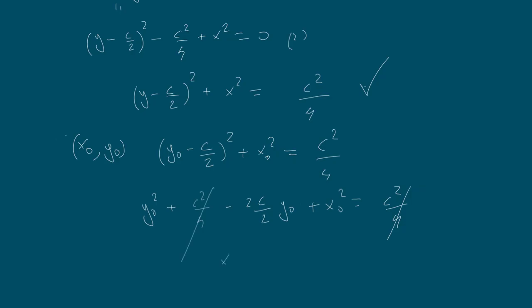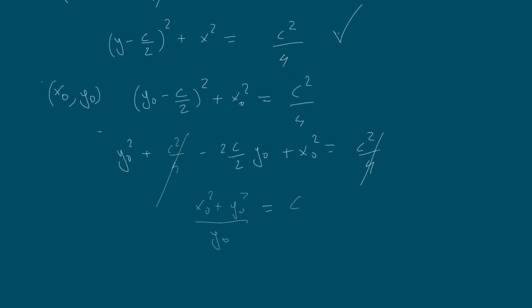So x0 squared plus y0 squared will be equal to c multiplied by y0. So c is x0 squared plus y0 squared divided by y0. So I find the c in terms of the initial position.